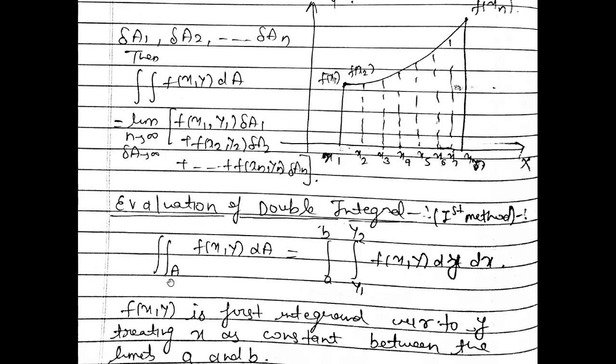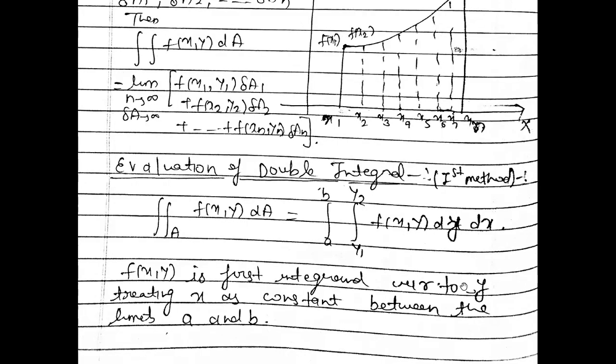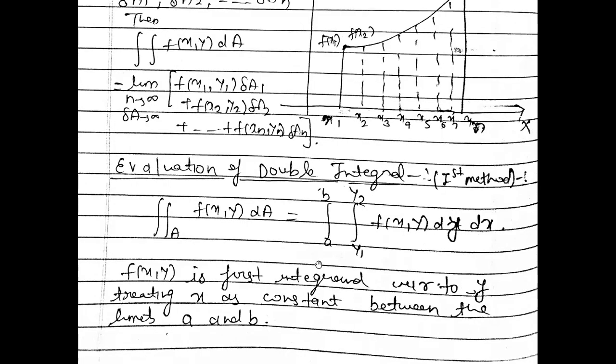So double integration over A of f(x,y) dA is equal to integral a to b, integral y1 to y2 of f(x,y) dy dx. This is your double integration, and dA is the area of the region, and we can write it as dy dx or dx dy. So f(x,y) dy: dy is your first integration, that means the limit will be y1 to y2.